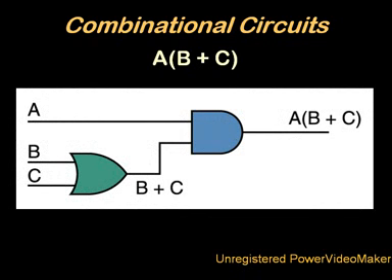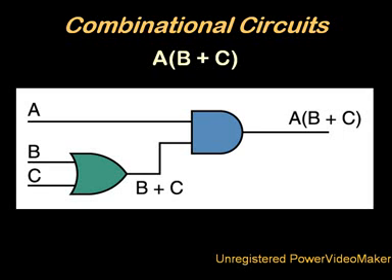So at the bottom we have an OR gate, and hence coming out of the OR gate is B or C. We take that and put it into an AND gate with A, and that gives us A and the quantity B or C.